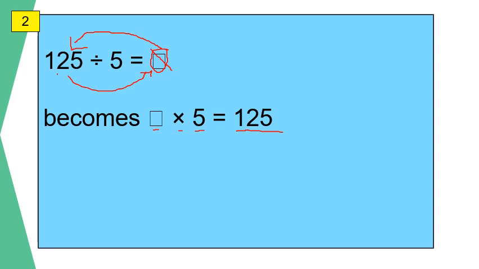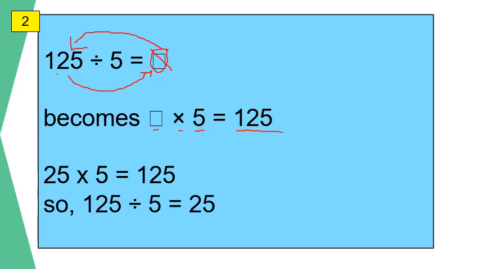Well, I know that 4 times 25 is 100, and another 25 is 125. So it's 25 times 5 equals 125. So 125 divided by 5 equals 25. Because I've moved it to the other side of the equation, I have to apply the inverse operation of division, which is multiplication.